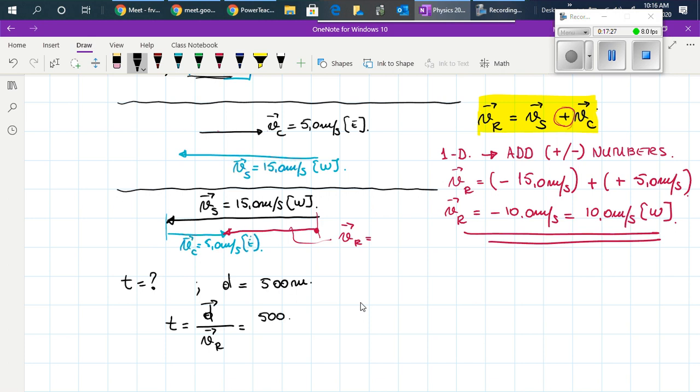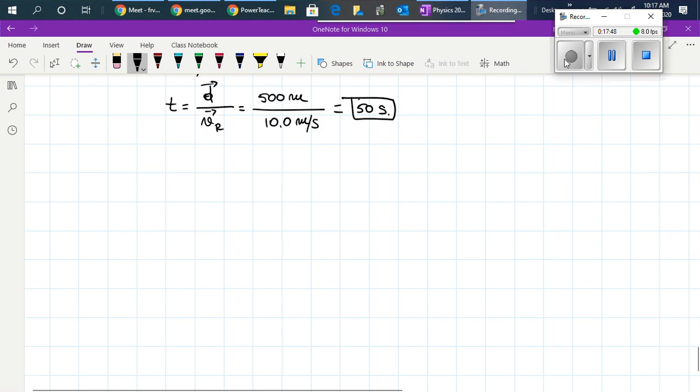So 500 meters divided by 10 meters per second, and the east-west direction cancels out. Then this will be 50 seconds against the river.